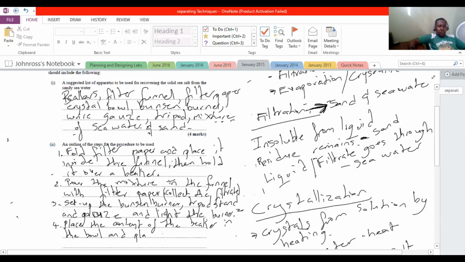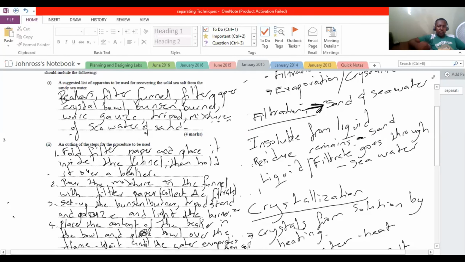Place the bowl over the flame. Wait until the water evaporates. Then collect the salt. All right, so that would be your procedure for this one.